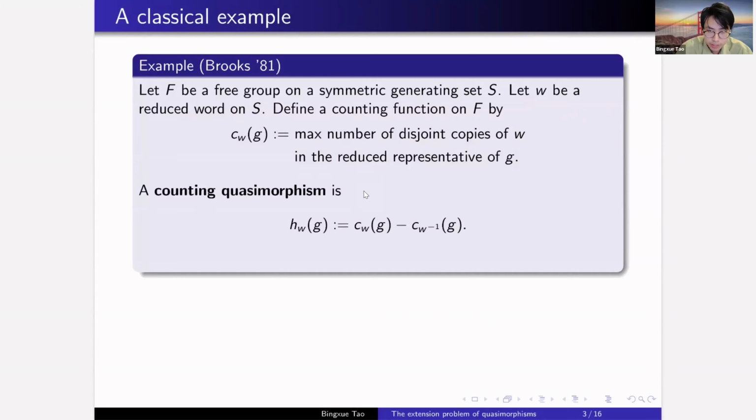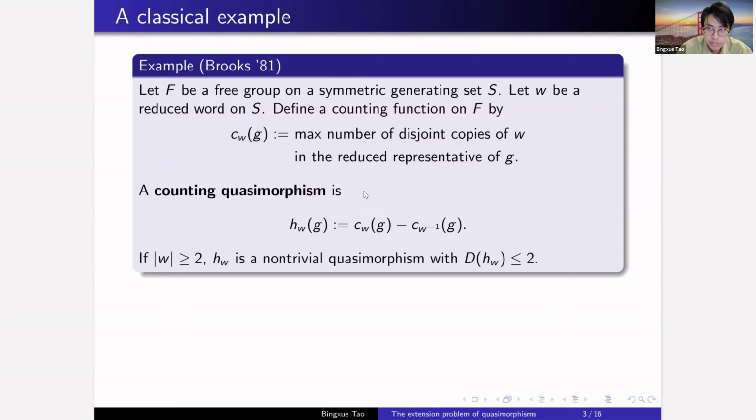Now we can define a counting quasimorphism on this group F to be H_W(g) equal to C_W(g) minus C_{W^{-1}}(g). We can show that if the word length of W is at least 2, then H_W is a non-trivial quasimorphism with a defect at most 2.